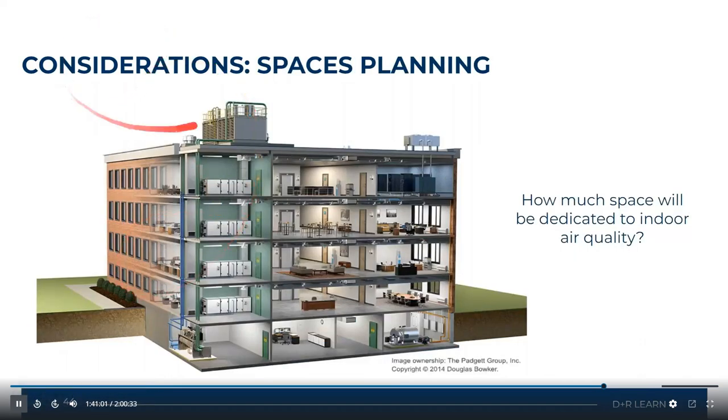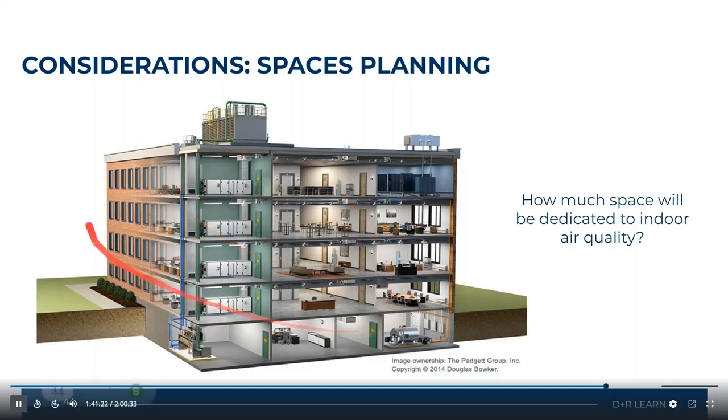Now, talking about considerations as far as installation, your floor space in this type and size of building is pretty premium. You want to make sure you are accounting for all of this space and using it as efficiently as you can.